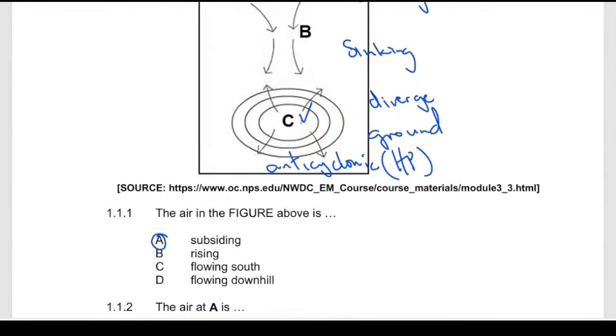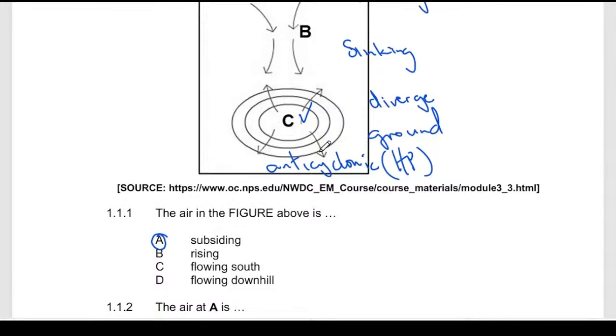The high pressure cell develops because of the increased concentration of air molecules due to the sinking air. Close to the ground we have the development of a high pressure cell, which is an anticyclone. In terms of its relationship with rainfall, we talk about the Kalahari high pressure cell, which dominates over the interior during the winter season.